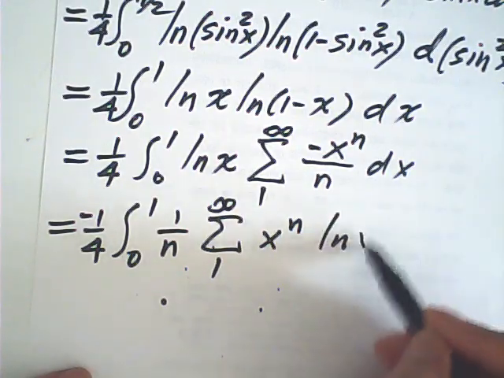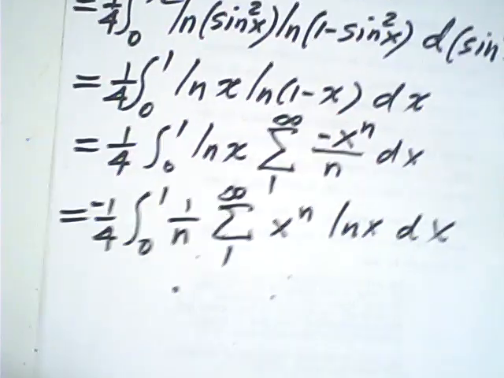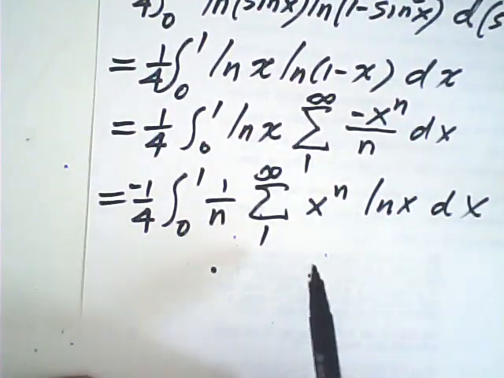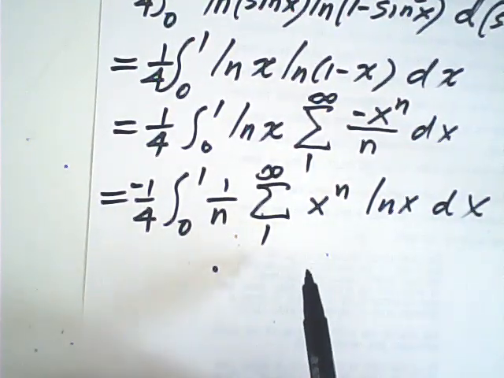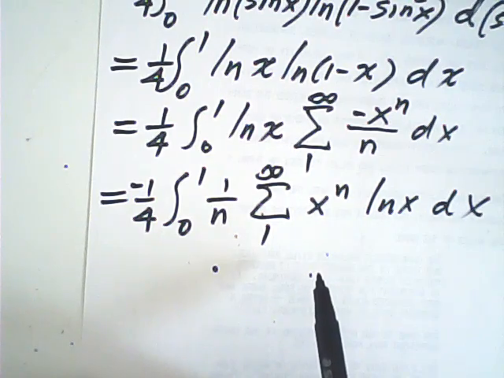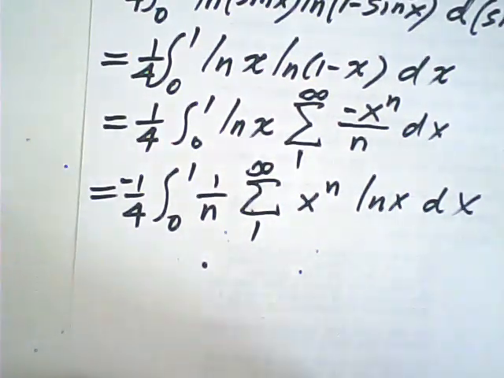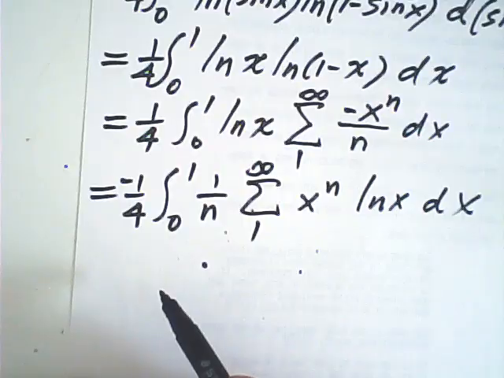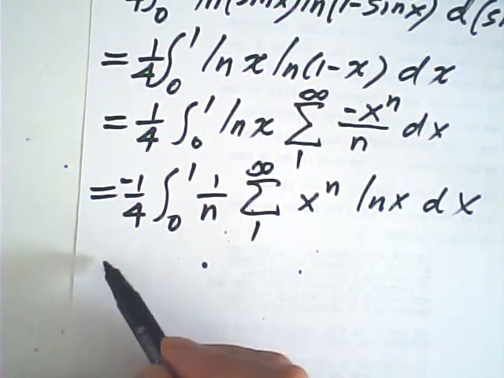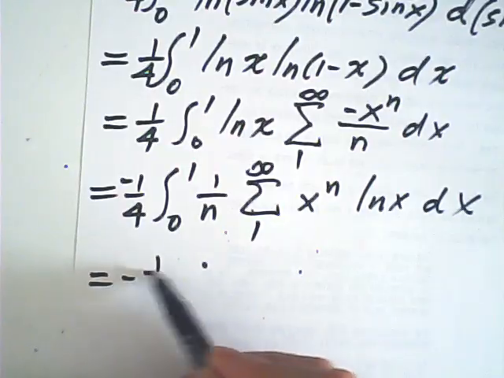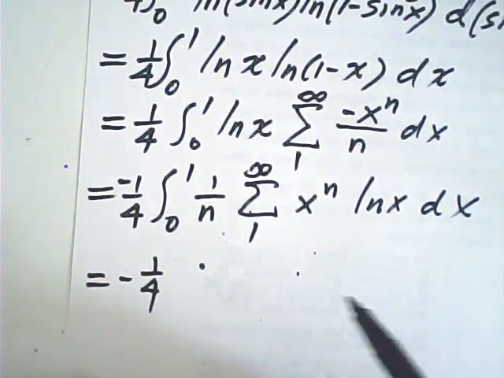I'm sorry, I forgot the 1 over n. Now, then what? Then this is equal to negative 1 over 4.